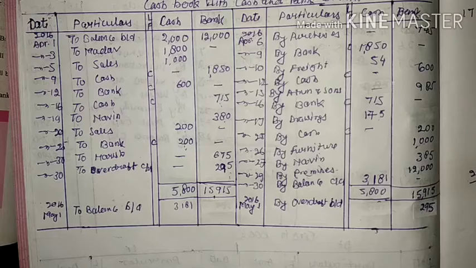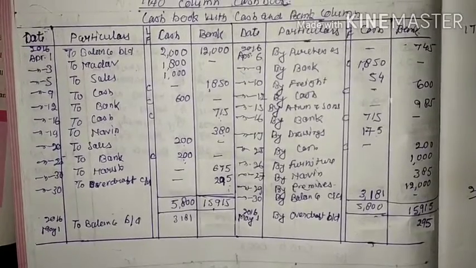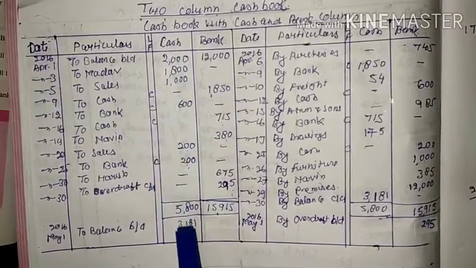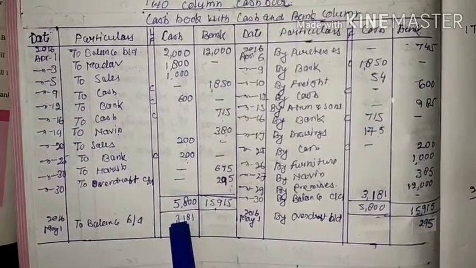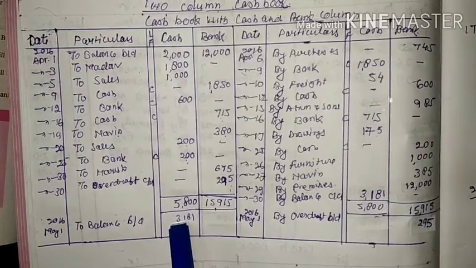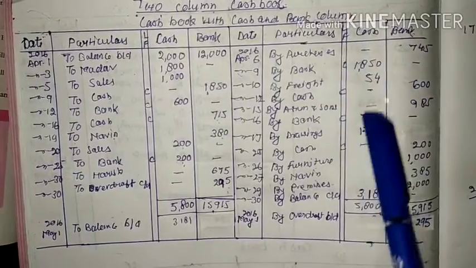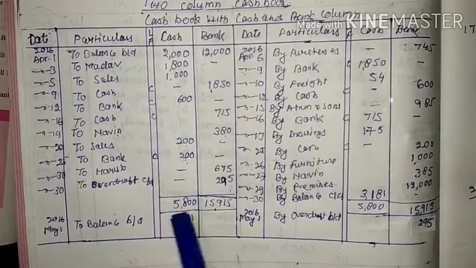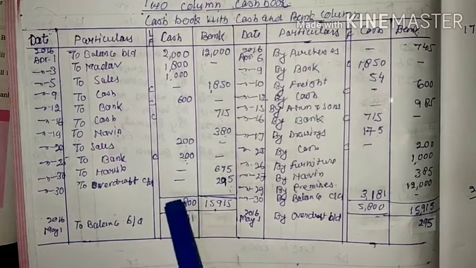Now when we total up this, we will see that in the cash column this balance is always more. So we total up the debit side in the cash column. It comes to 5,800, which is the opening balance plus the cash received.